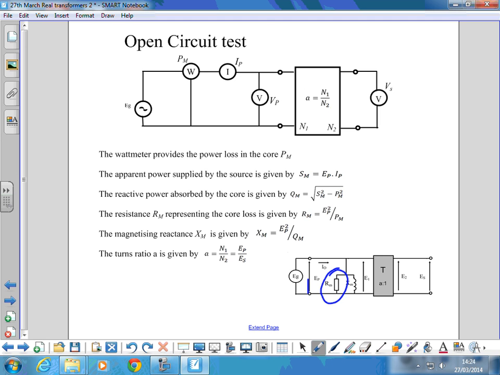That gives us all the information about the open circuit transformer model. Because remember, we said when it's open circuit, we can ignore the small impedances in here because, compared to these two, they are negligible. Alright, so the open circuit test will give us the values of RM and XM.